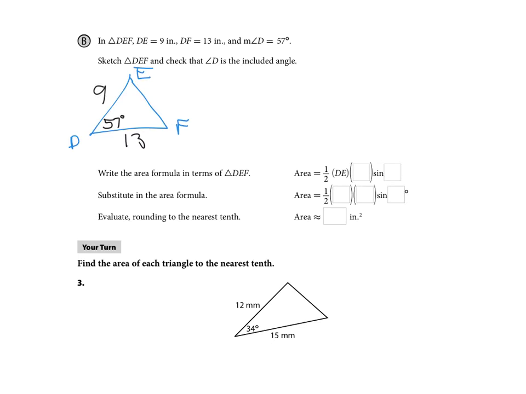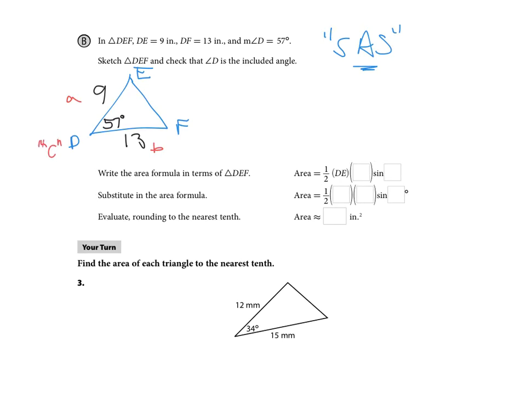So I can see my side setup. I have an included angle between 2 sides. So if I write it in terms of 1/2 ab sine C, here's my little a, here's my little b, those are the 2 sides, and then this is like my angle C from the previous page.